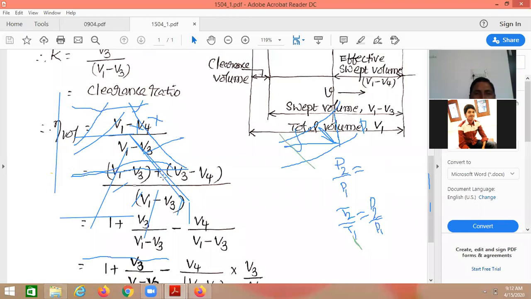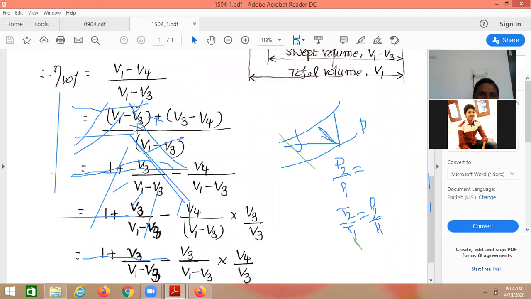Dividing by V1 minus V3, the first term is 1. Then V3 by V1 minus V3 separately, and minus V4 by V1 minus V3 separately. It is understood, I think.